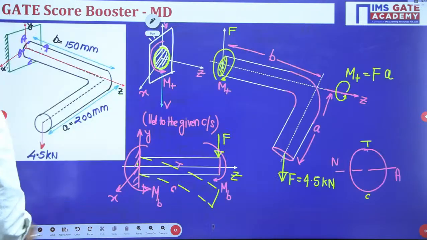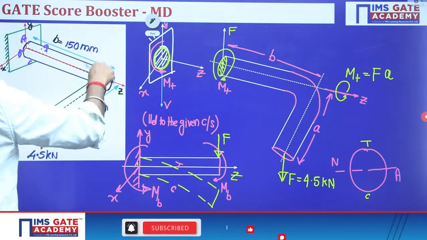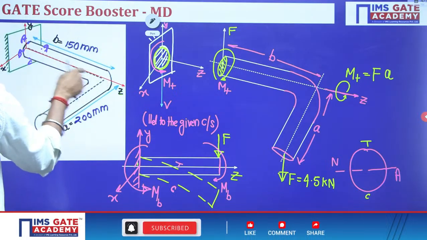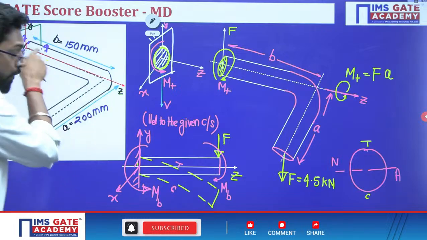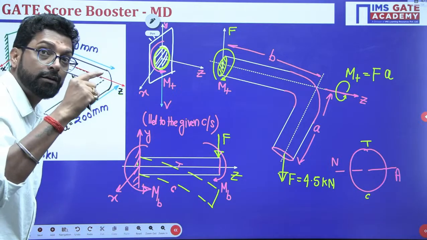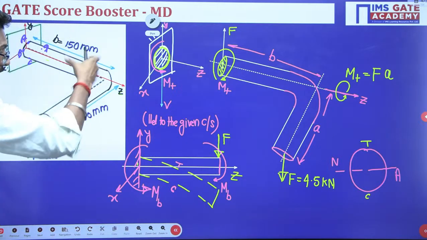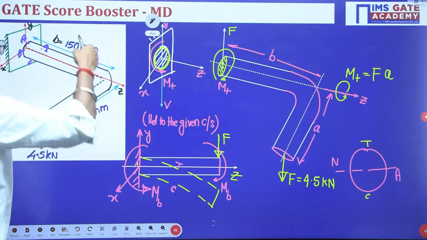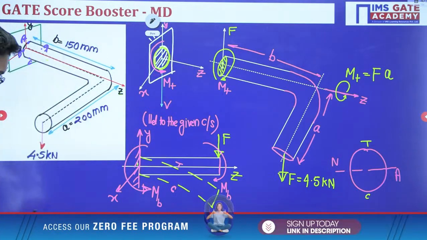This is the load, and the load will act here. So what is the length? 0.15, that is 150. For the torsion, we have to take this length, and for the bending, we will take this length.